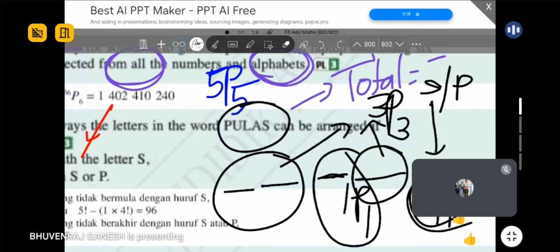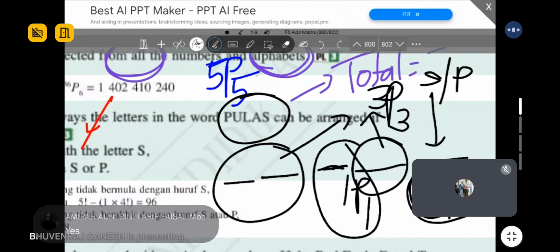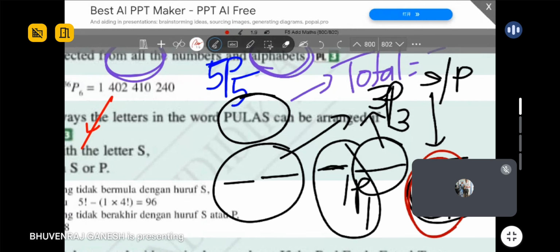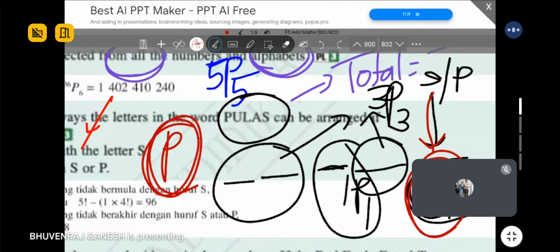So this is why you see that over here, this number, yang ni, we use the permutation 2P1, because this is a fixed condition. Kita tak boleh ubah yang ni. So whenever you see something fixed, usually we use the symbol P. When there is a restriction, bila ada syarat dalam soalan. If you don't have any syarat, you can use the symbol of factorial.